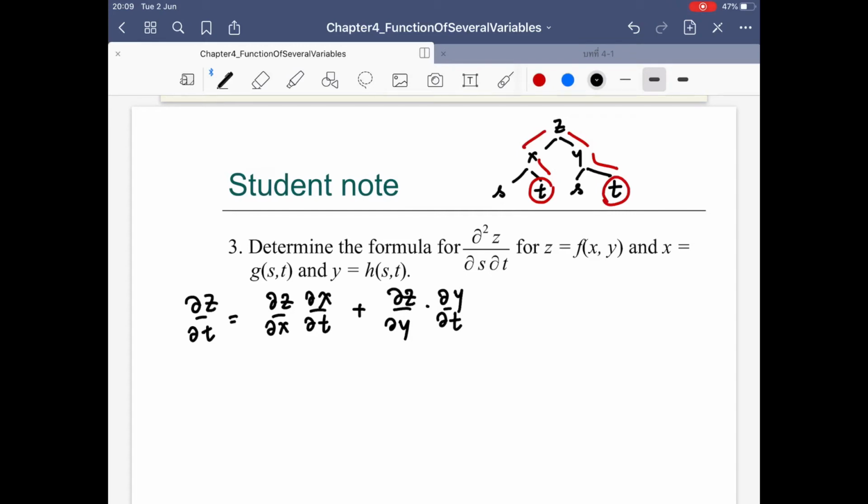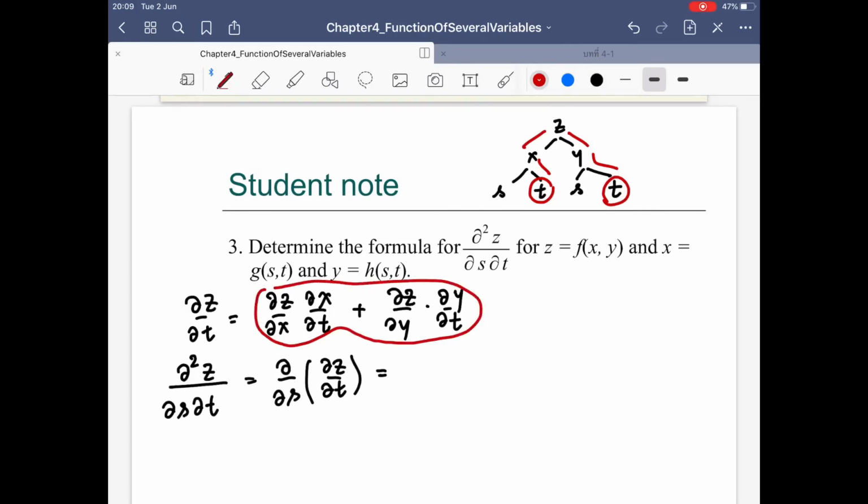To find the second derivative further with respect to s, it is d by ds of dz by dt. So you already have this one, the dz by dt.